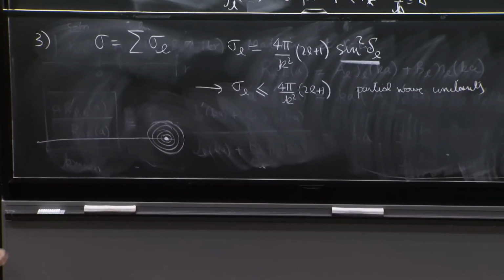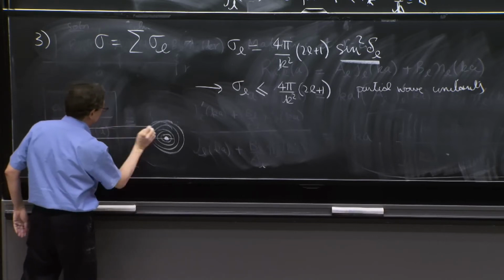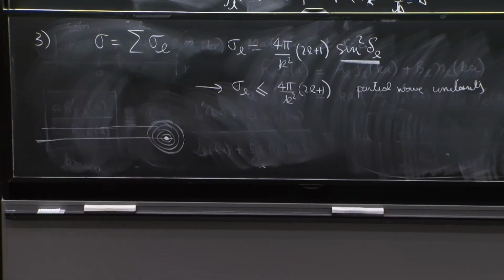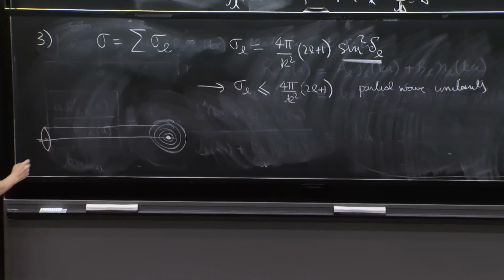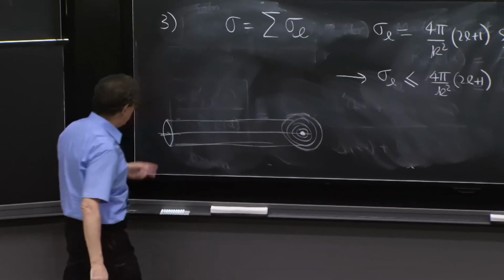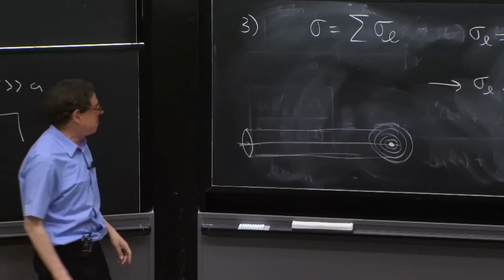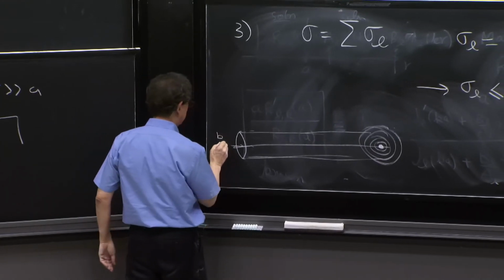And now I'm going to come at some impact parameter. Let me think of it as coming, here is the cylinder of impact parameters. If you come anywhere on the surface of this cylinder, you have impact parameter B, where B is here.